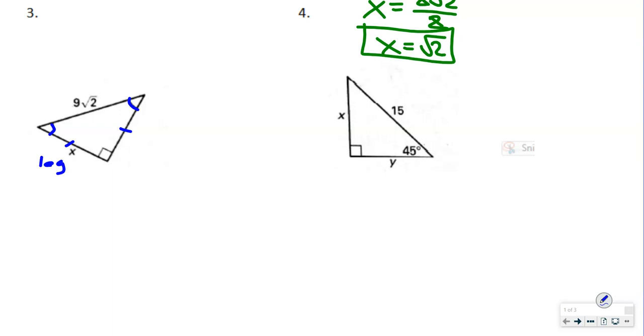X is a leg. 9 square root of 2 is the hypotenuse. So just like we did on the previous one, we take whatever our hypotenuse is and divide it by the square root of 2. So x is going to equal 9 square root of 2 divided by the square root of 2. And then your square root of 2 will cancel out because you've got it on the top and the bottom, and you're just left with x equals 9.